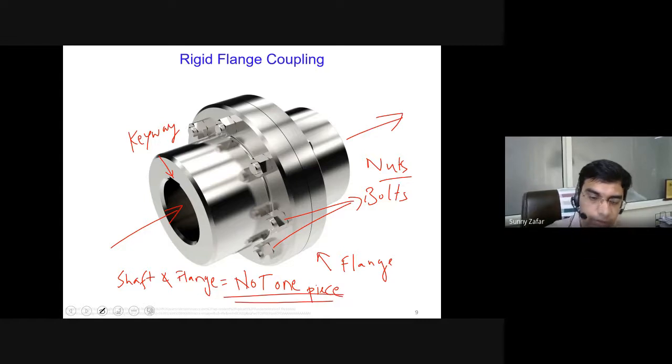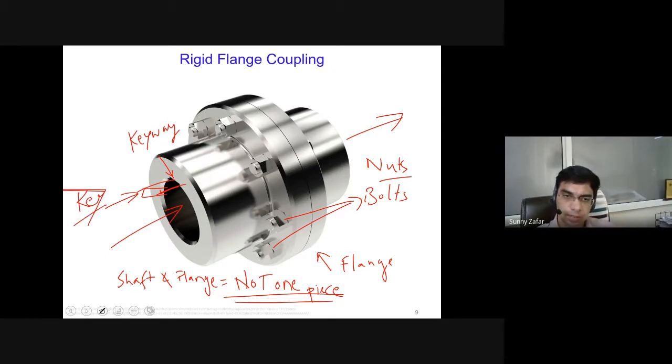What I mean by not one piece is the shaft is a separate entity, the flange is a separate entity, and they are keyed together. So what we do here is we insert a key here. This can be a rectangular key or a gib key depending. This key basically is used to transmit power from one shaft to the other shaft via the coupling.